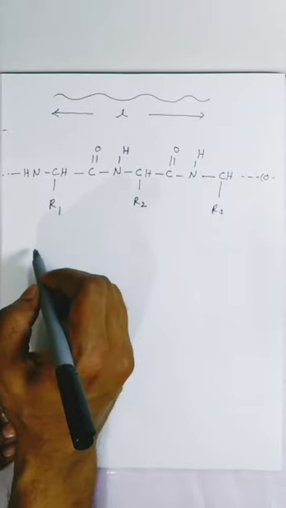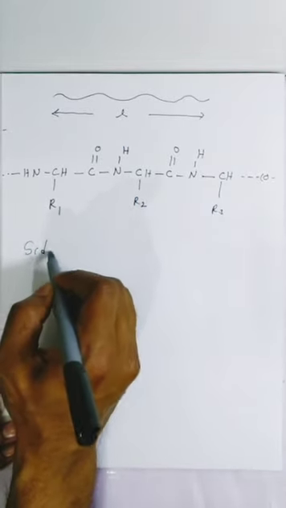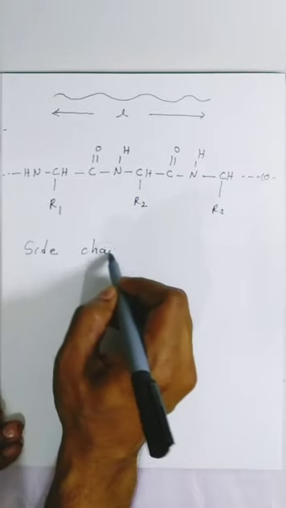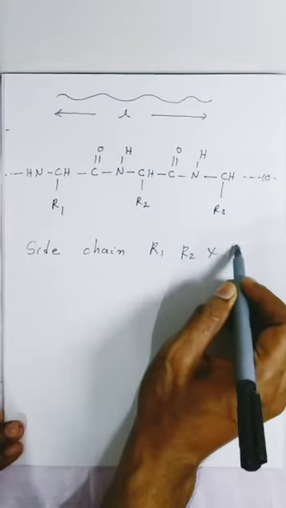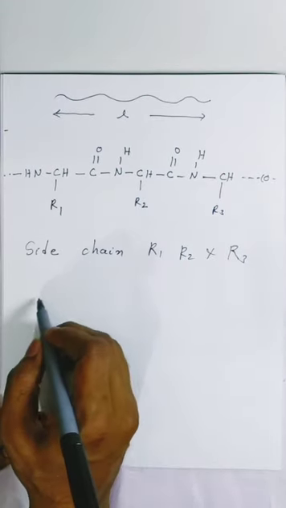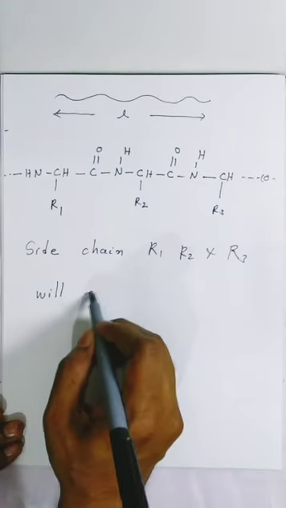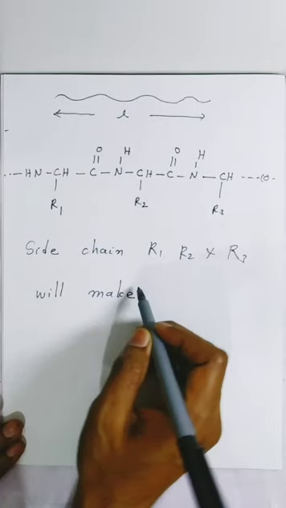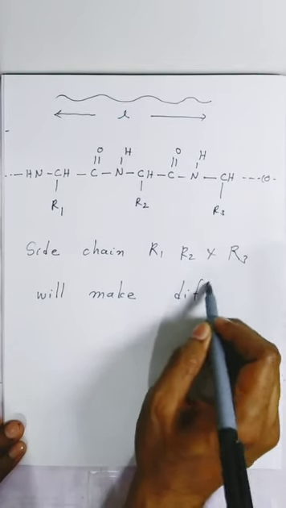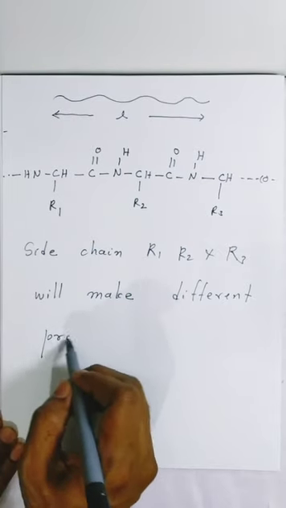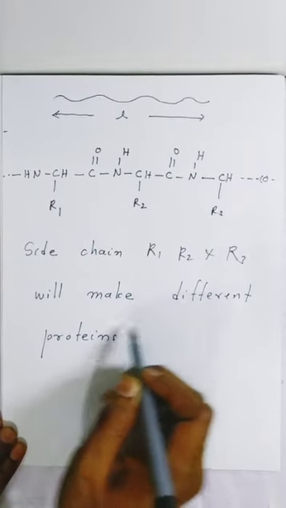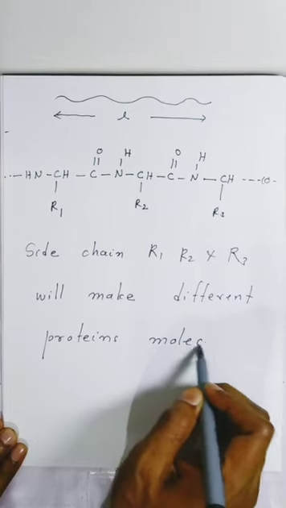Here the side chains R1, R2 and R3 will make different protein molecules.